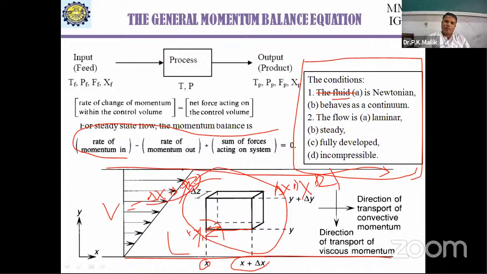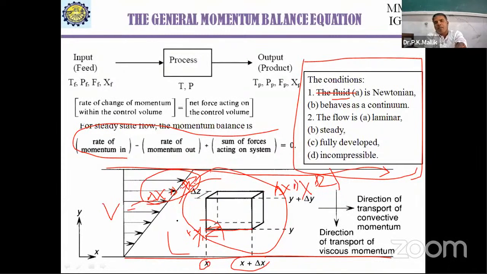This is the infinitesimally small volume we are considering in the flow system. Then you have to find out in which direction the viscous momentum transport is taking place, and in which direction the convective momentum. There are two types of momentum: convective momentum and viscous momentum.